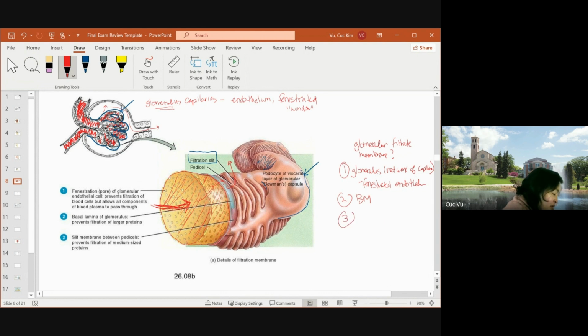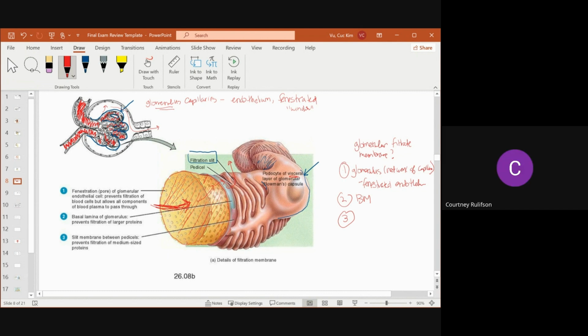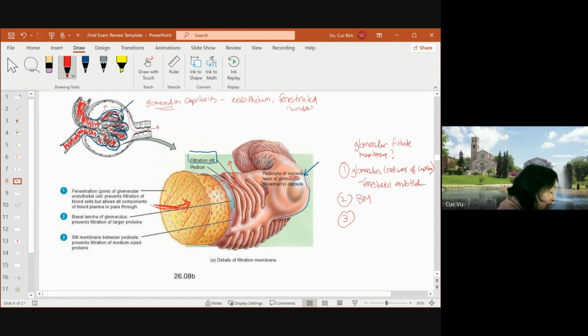Then what's the third thing it's got to go through in order to get into the actual glomerular capsule? Oh, I made a mistake. It should be visceral, not parietal. Is it the filtration slits? Yes, exactly.